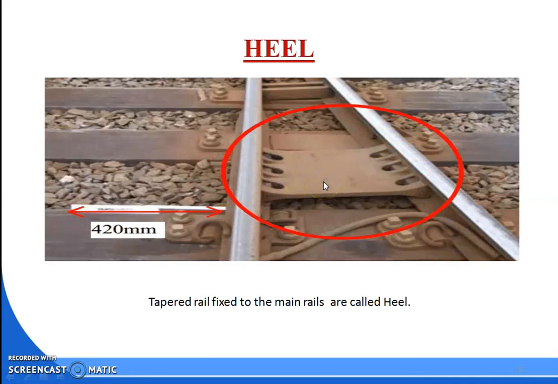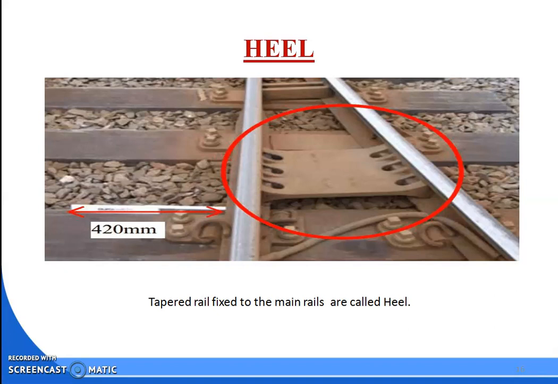Okay. So heel means the tapered rail fixed to the main rail is called the heel. These are the main rails. The point where the tapered rail of the switch is fixed to the main rail is known as the heel. Whenever the track is divergent, or when the train changes its direction, the switches are present that way.